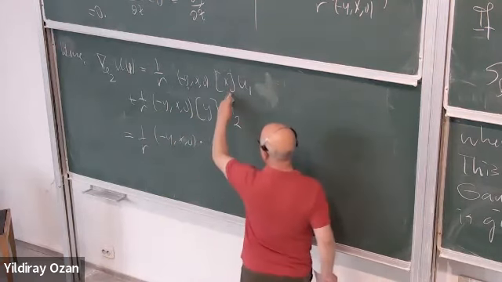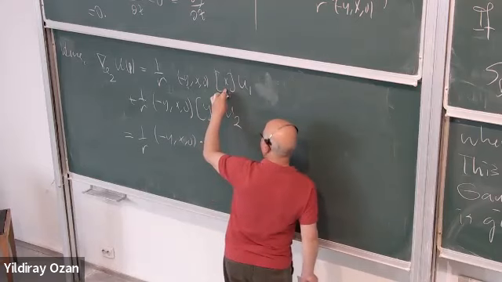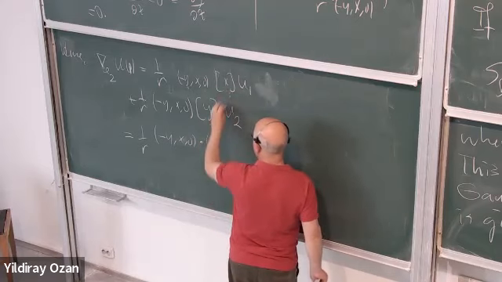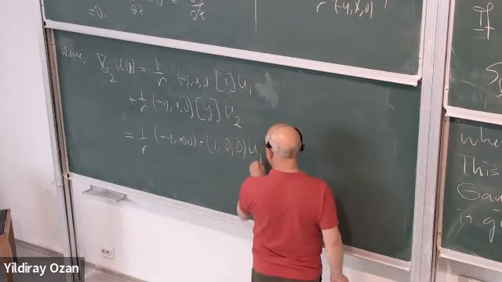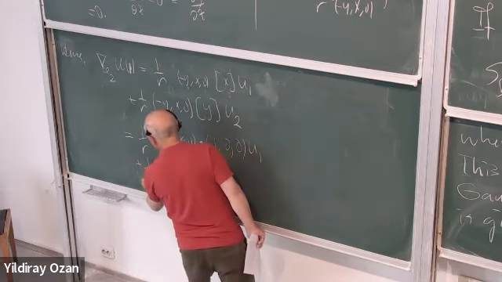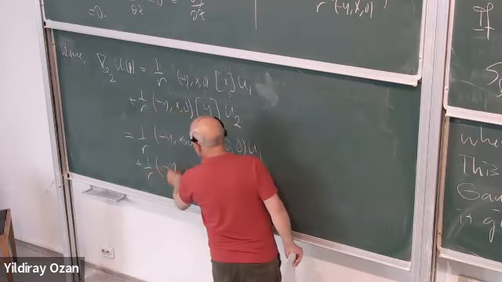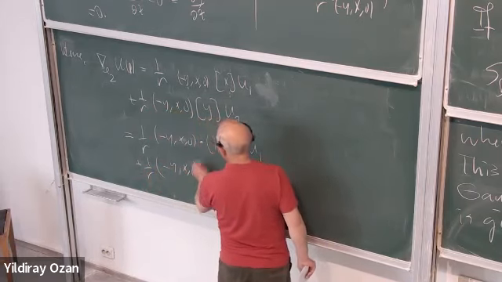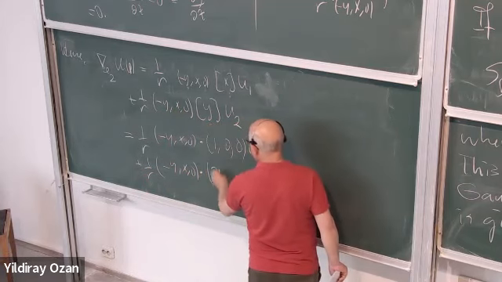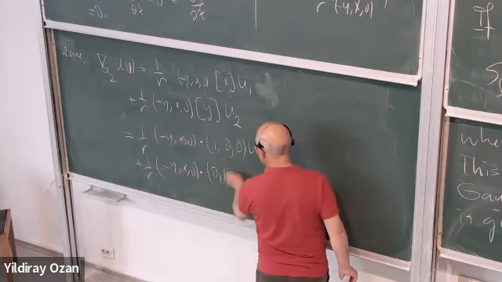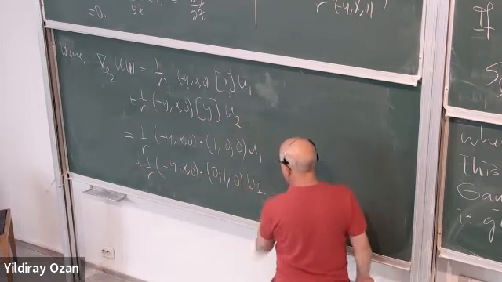What is the gradient of this function? Derivative of this with respect to x, derivative of this with respect to y, derivative of this with respect to z times U1, plus 1 over R times the gradient of this function, derivative with respect to x, y, z times u2.